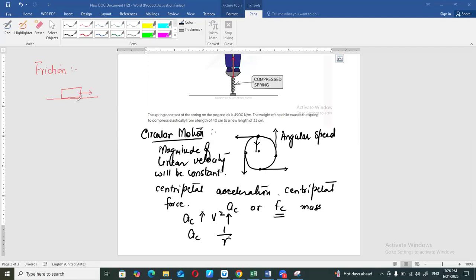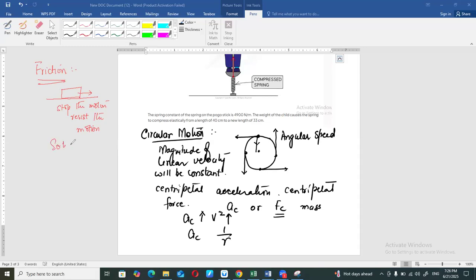If you slide this object, there will be a force produced between the surfaces that tries to stop the motion, or resist the motion, and that is called friction force, right?